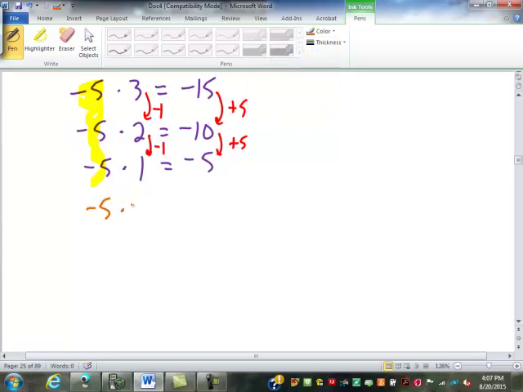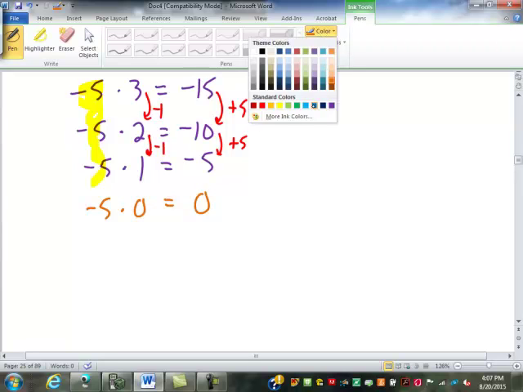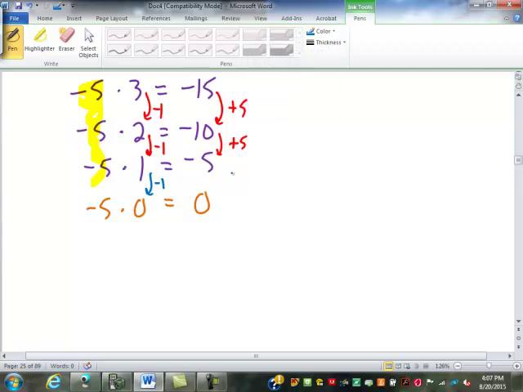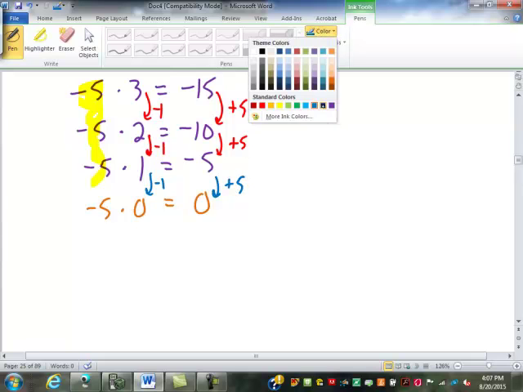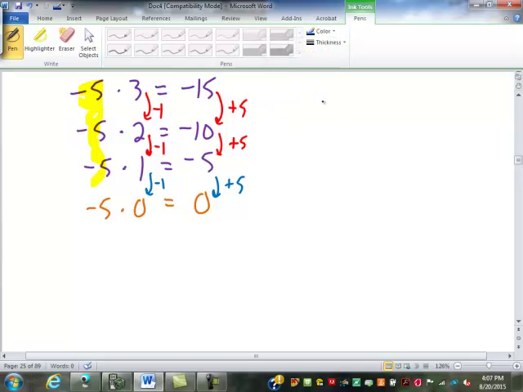Let's see if this keeps going. So negative 5 times 0 has to be 0. Okay, so this went down by 1. Did this go up by 5? Sure did. So that pattern seems to work. So now that we've found a pattern, we're just going to assume that it continues. So that means negative 5 times negative 1 has to be, well, this has to go up by 5, has to be positive 5.